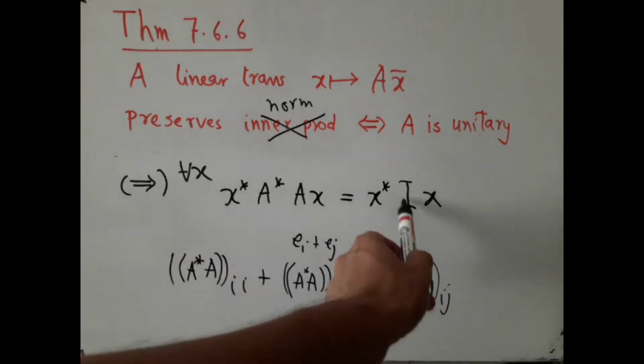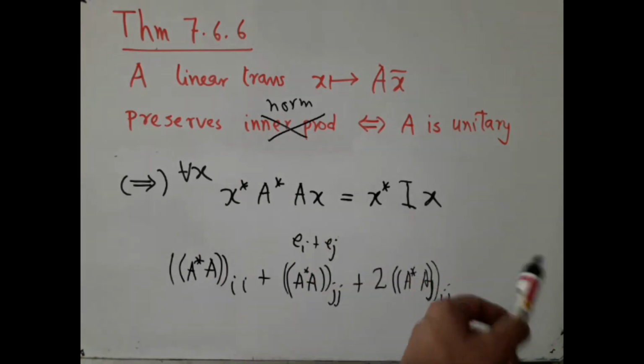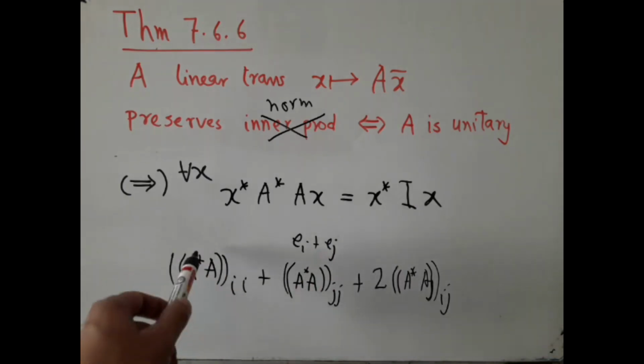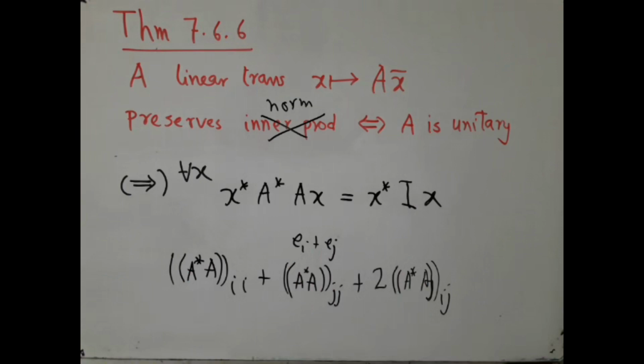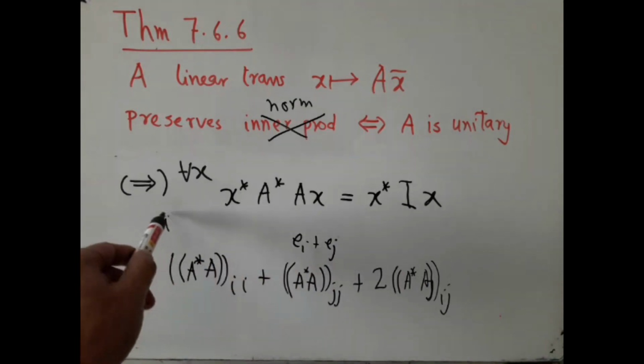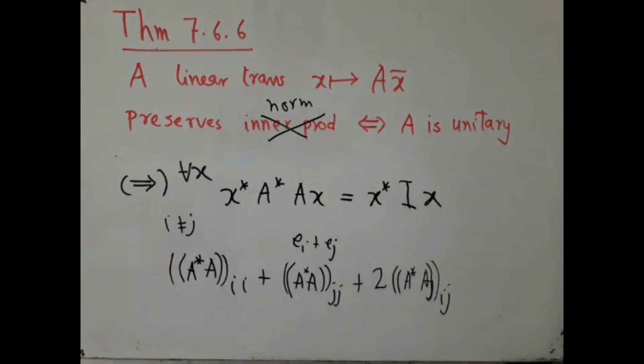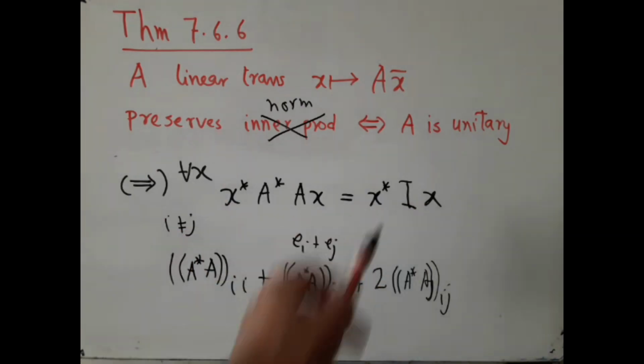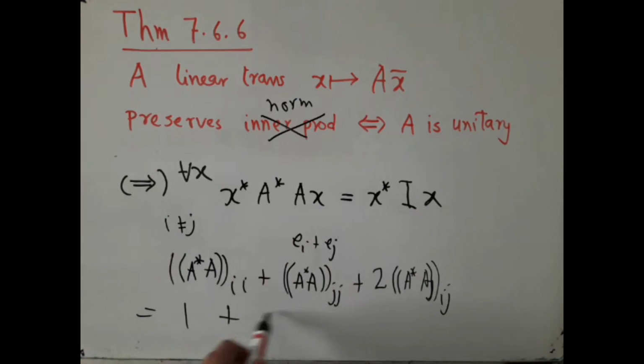And similarly, I will get the same thing over here. That is pretty obvious because I will have the same thing with the identity here. So the ith diagonal entry of the identity is 1, another 1, and this is 0 if I have i not equal to j. My aim is to show that the ijth entry is actually 0. So this will be equal to 1 plus 1 plus 2 times 0.